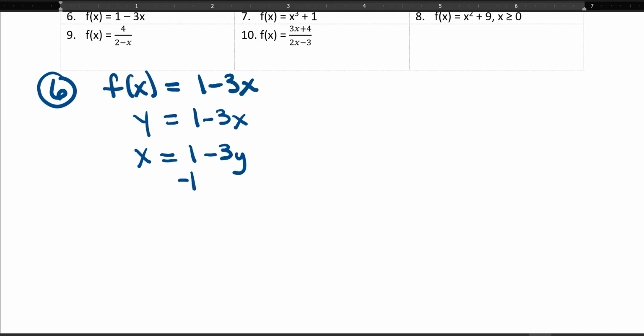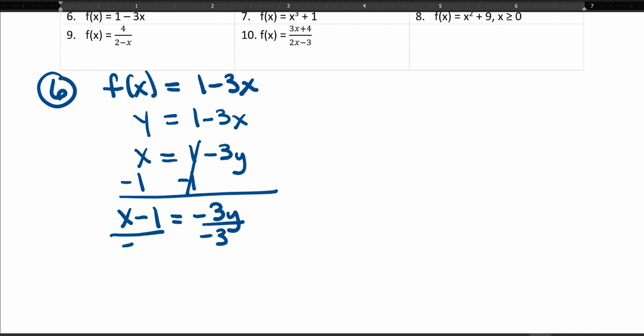So we're going to subtract 1. We have x minus 1 is equal to negative 3y. Then we're going to divide negative 3 to both sides. And we have y is equal to, and we can write this as two separate fractions, negative 1 over 3 times x, and then this would be plus 1/3.